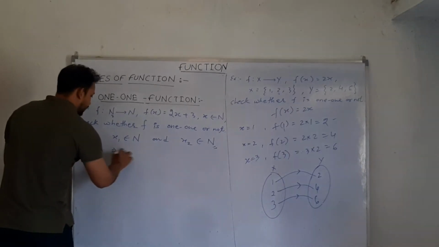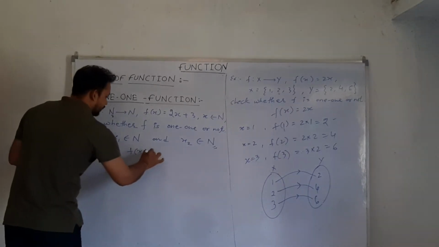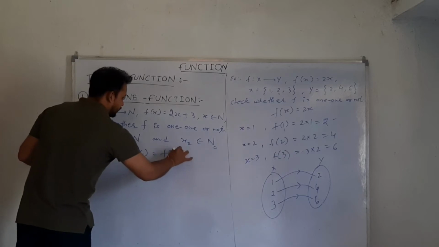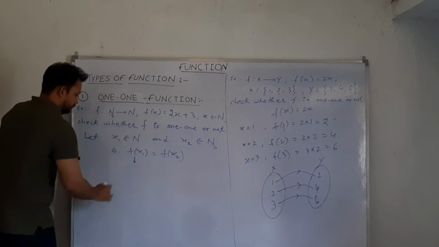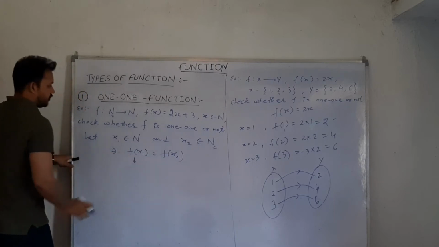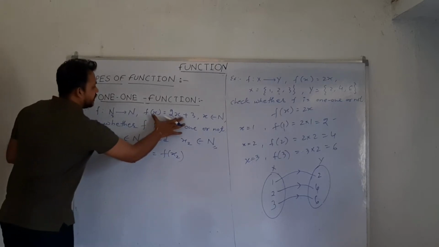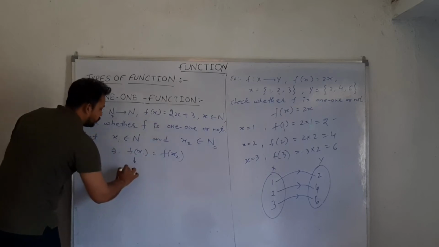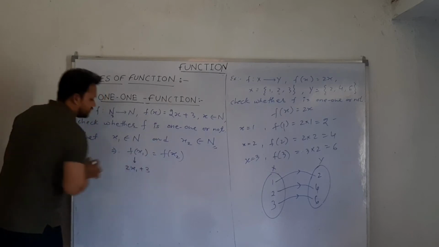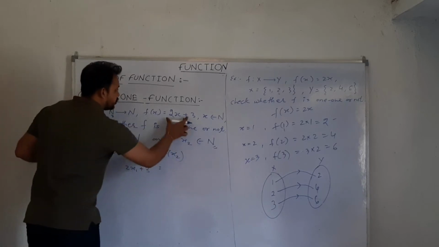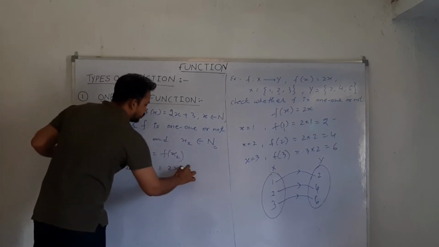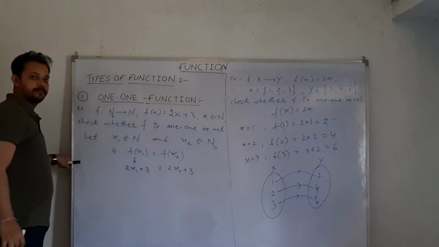Then we have f(x1) = f(x2). Put the value of x1 here, so we will get 2x1 + 3 = f(x2) = 2x2 + 3.